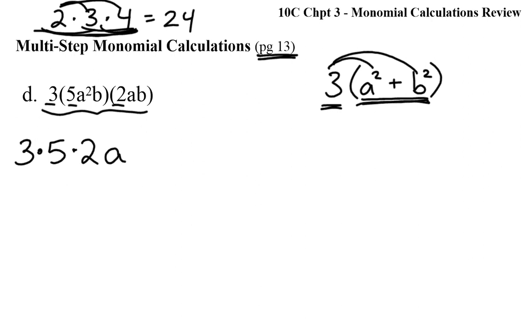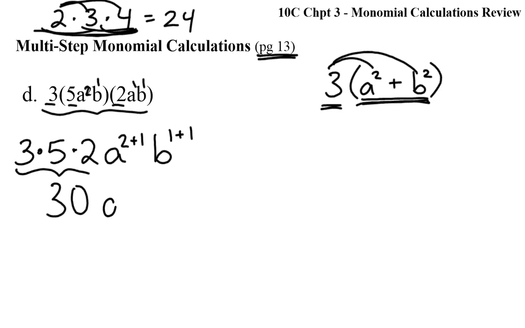I have a variable of a with an exponent 2 and an exponent 1, so I would add them because they're being multiplied. I have a b1 times a b1, add the exponents. That leaves me with 30 a cubed b squared. Only distribute if it's a single term times multiple terms, and we're going to get to that in a minute.